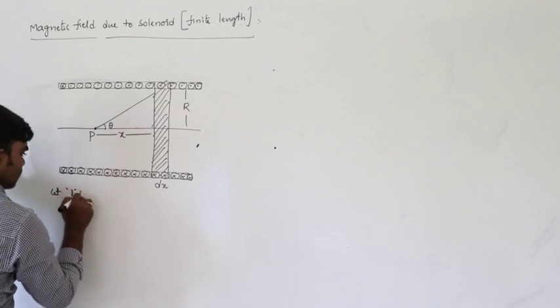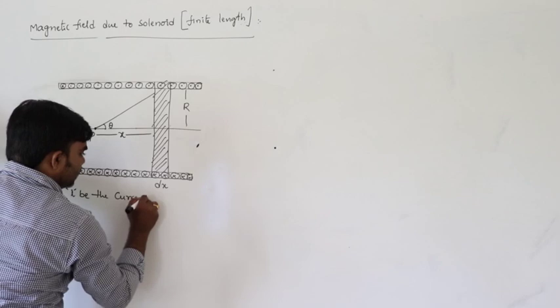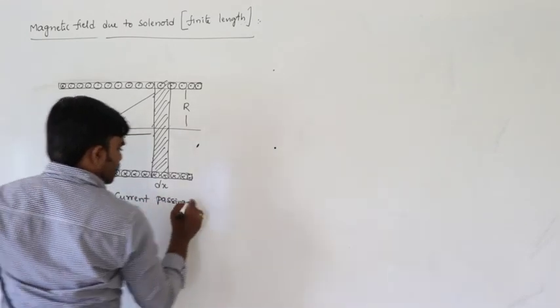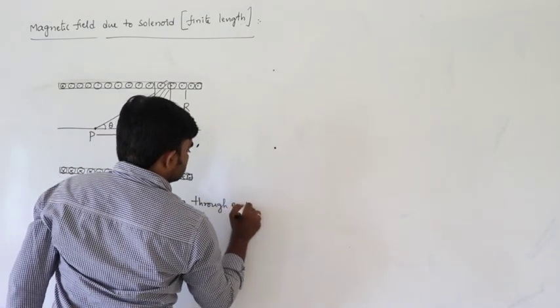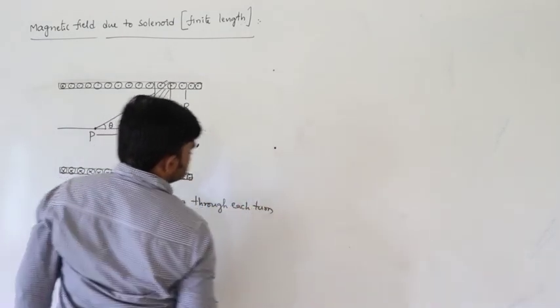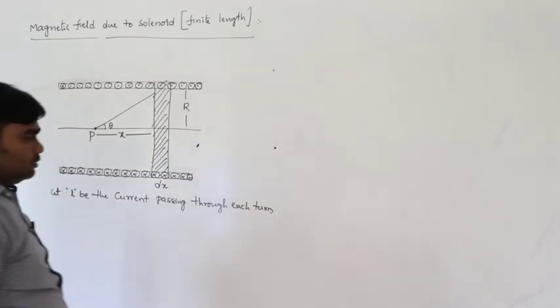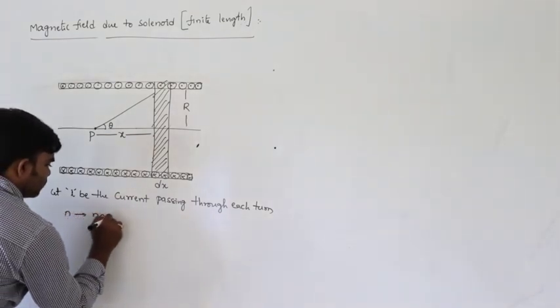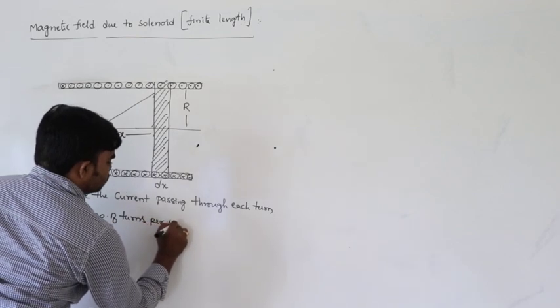Let I be the current passing through each turn, and let small n be the number of turns per unit length.